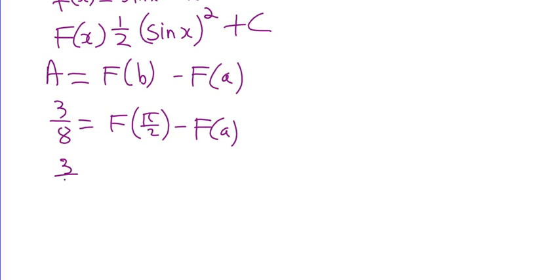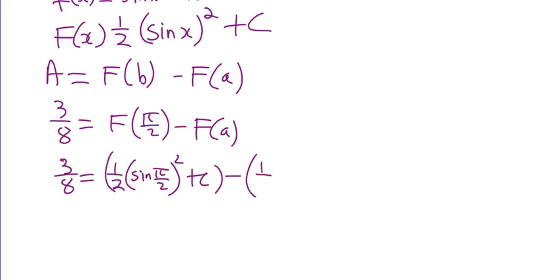So 3/8 is equal to 1/2 sine pi over 2 quantity squared plus c minus 1/2 sine a quantity squared plus c. So sine of pi over 2 is 1. 1 squared is 1. So we're going to get a half. Plus c, we're not going to write the plus c. It's going to subtract off.